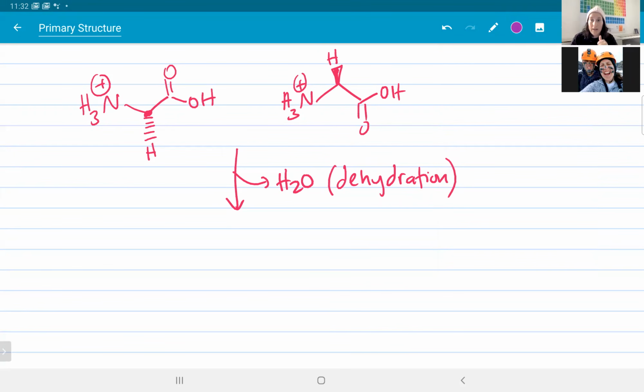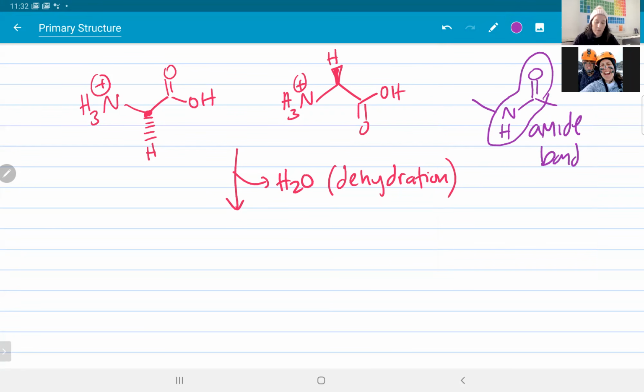Well, we're going to form an amide bond, and just to sketch one out real quick, this is kind of what your amide bond is going to look like. It has a carbonyl with a nitrogen right next to it. All right, that's our amide bond.